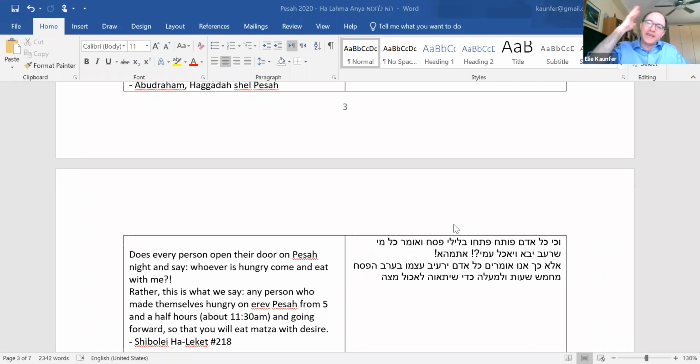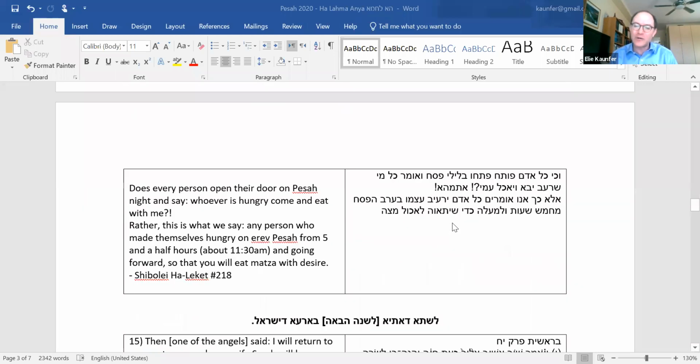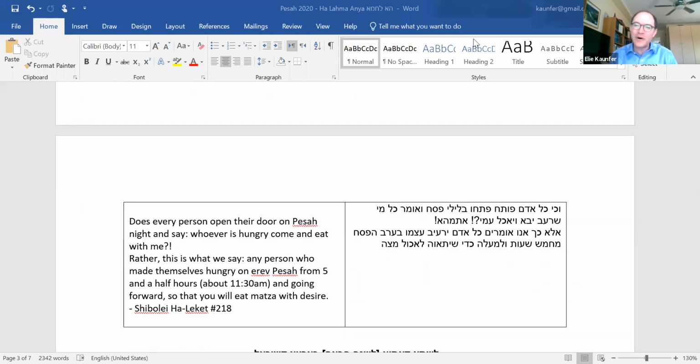And Kol Dichvin, whoever is hungry, that is to say, in my house, whoever in my local experience is hungry, and you can take that metaphorically or literally, let them come and eat. I want to provide for them because they've been making themselves hungry in advance of being able to eat the matzah. So my hope is that when we say Kol Dichvin Yetei V'Yechol, we won't just be saying it as, oh, I wish, I'm not really able to do this, but I'm going to say it anyways.